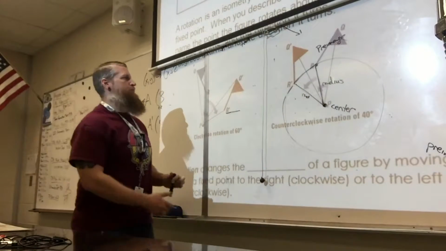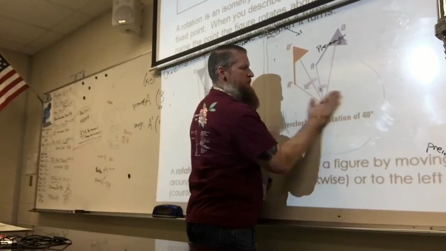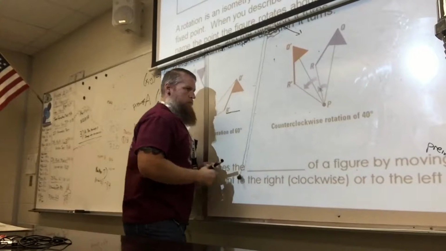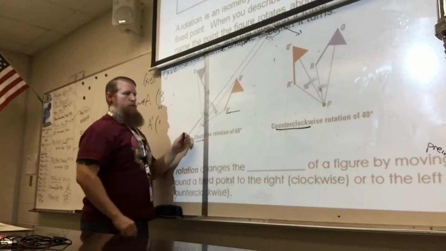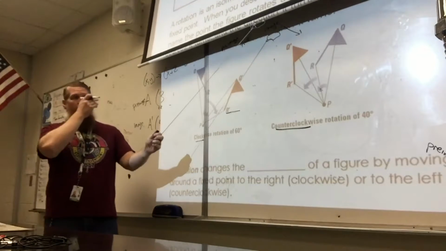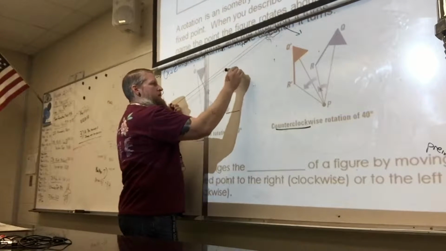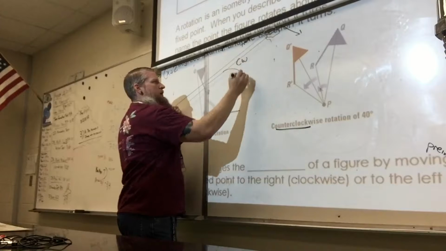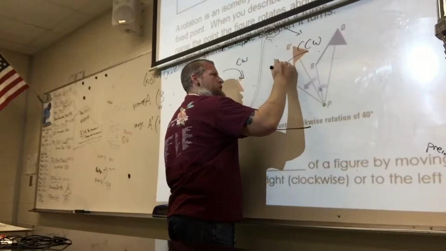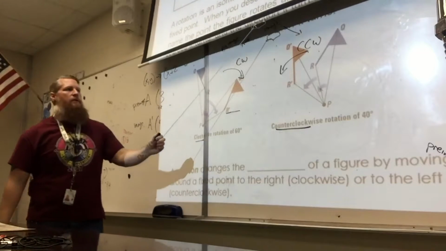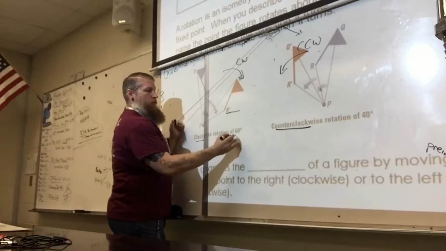It works fine. Okay, now other things that you're going to note up here. You've got directions here that tell you which way to go. Right? Clockwise would be that way. That's clockwise. Counterclockwise, and those are the abbreviations for it, would be that direction. They're also going to give you, again, degree measures.